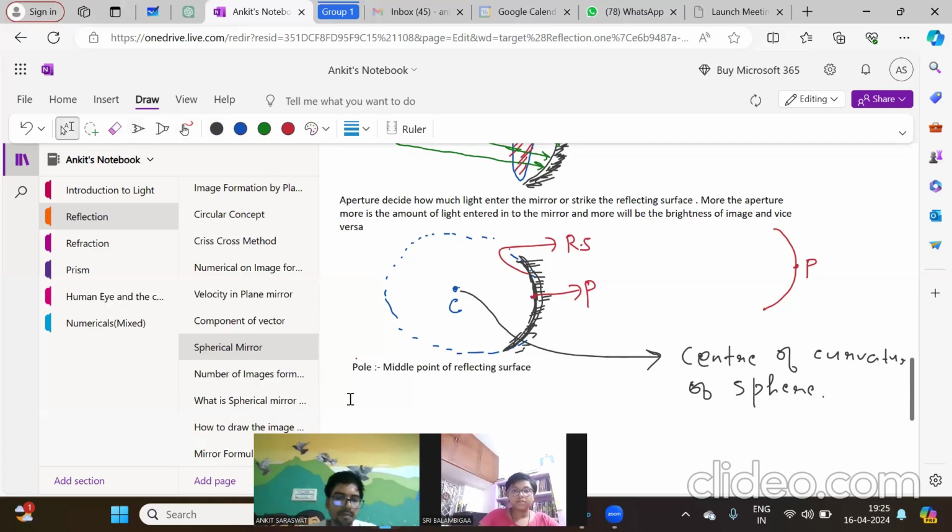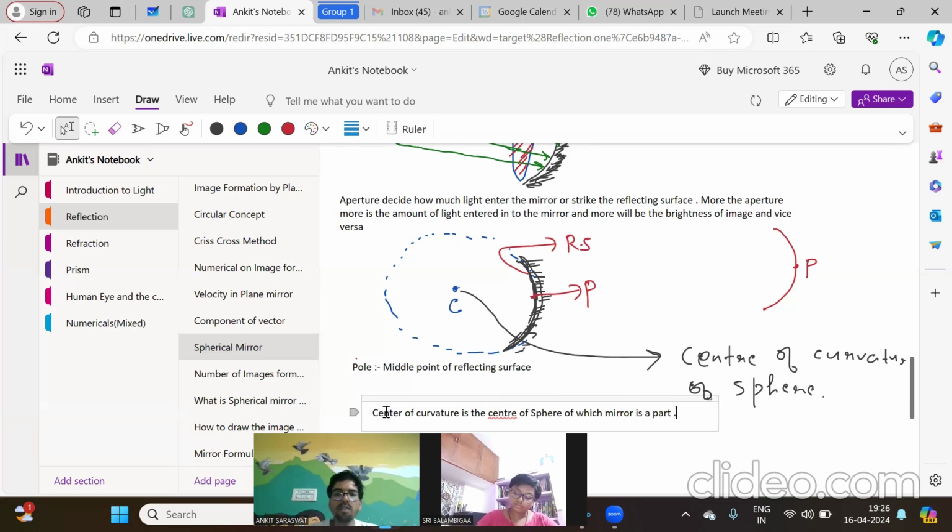Now what is the center of curvature? You can write: center of curvature is the center of the sphere of which the mirror is a part.